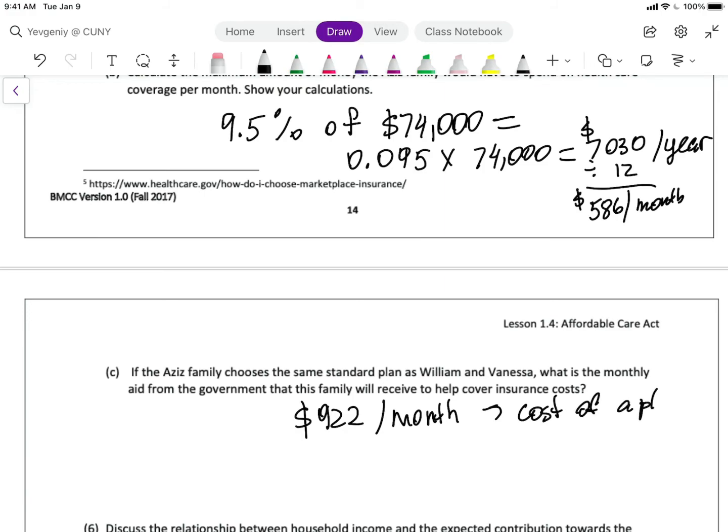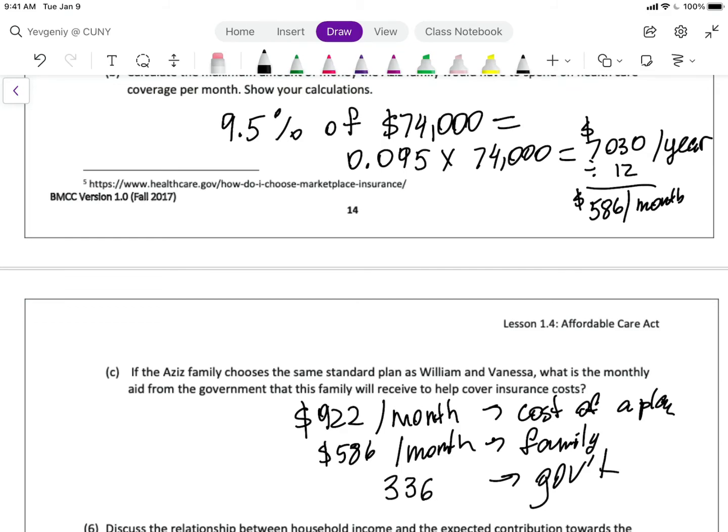They pay $586, and the rest is going to be a government tax break. So you subtract those two numbers: 922 minus 586, keeping everything to the nearest dollar, is 336. So they're getting a lower subsidy.